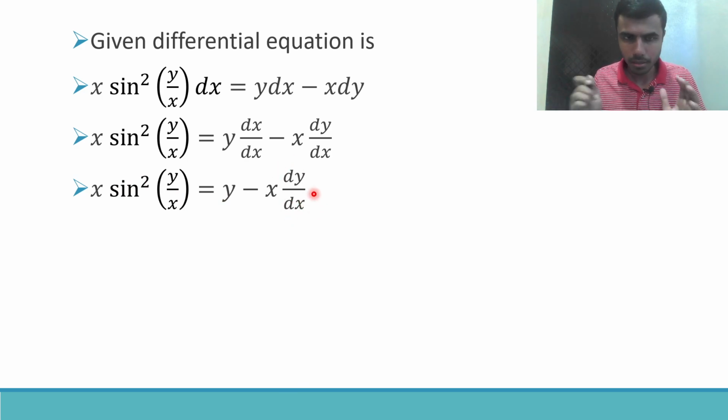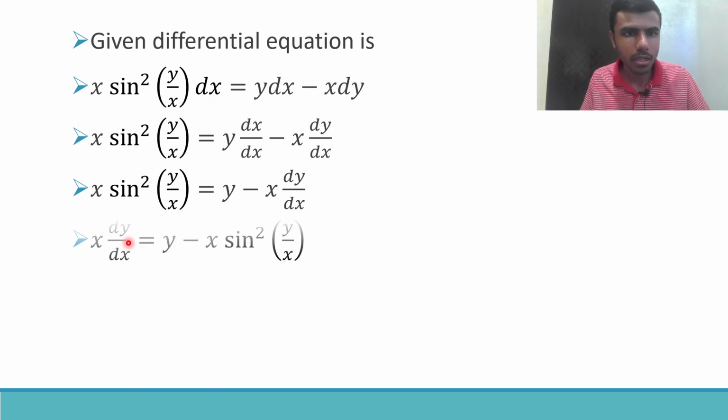Now next what I'm going to do is send this minus x dy by dx to the LHS, so it would be plus x dy by dx. And next send this x sine square y by x to the RHS, so this will be y minus x sine square y by x. I send this one here, so it became plus x dy by dx, and I send this one here, so it became y minus x sine square y by x.